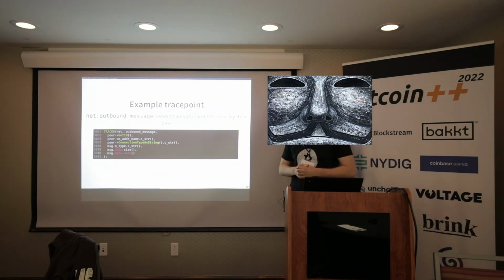We send a bit of information about the peer: the ID, the address name, which is the formatted IP address or the onion address, and the connection type, whether it's inbound, outbound, or block relay only, for example. The message type: what message is this? Is this a new block, a transaction, or even an IP address that is being gossiped? And we send the message, the message size, and the message data.